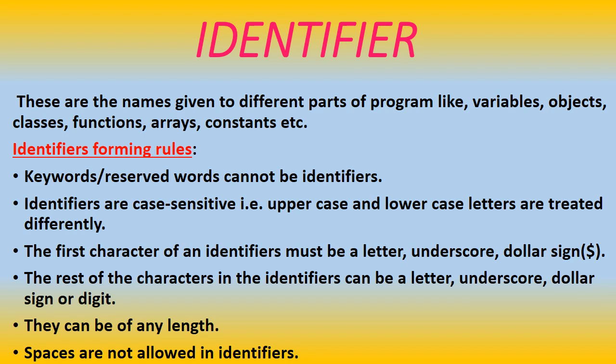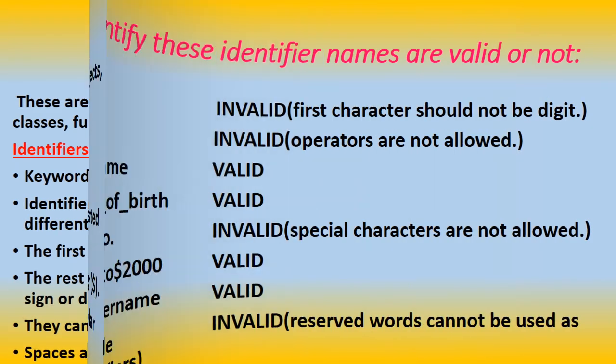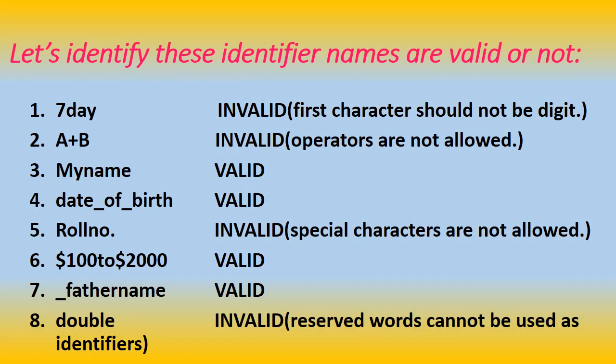You will use these rules when you will write the name of identifiers. Now you just identify these identifiers are valid or not.